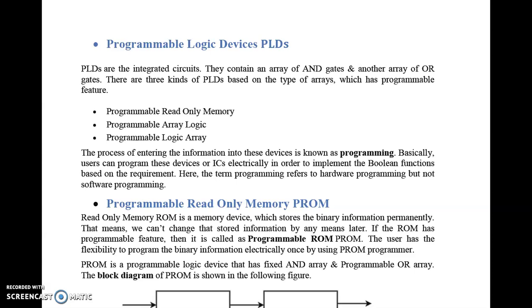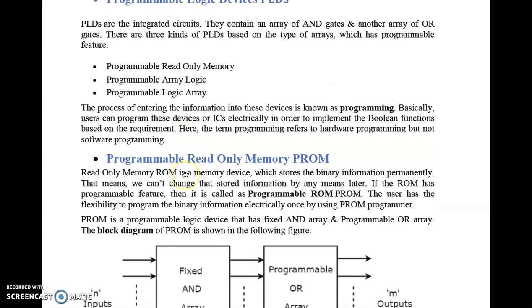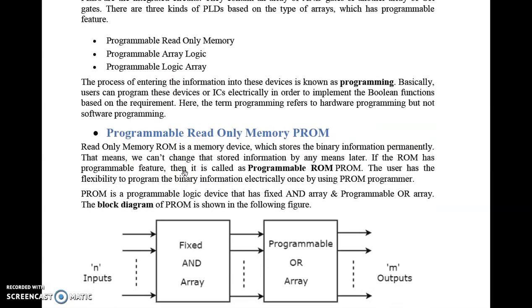So, the first type of PLDs is programmable read-only memory, that is PROM. We'll see in detail what exactly PROM means and how it works. Read-only memory, ROM, is a memory device which stores the binary information permanently.